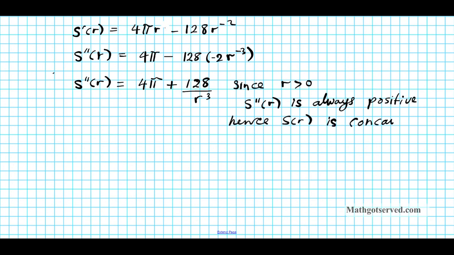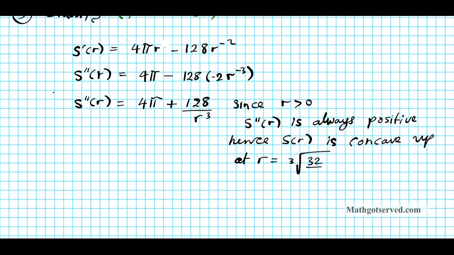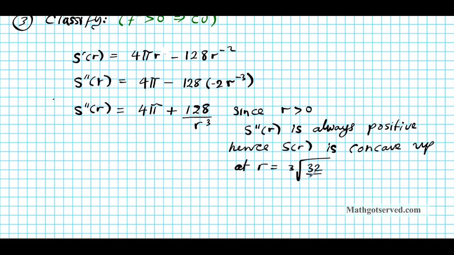It's concave up at r equals the cube root of 32 divided by, let's see, what did we get? 32 divided by pi. So it's concave up there, okay? And a minimum exists here.